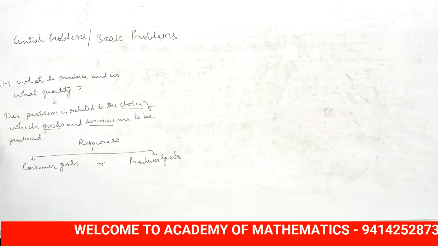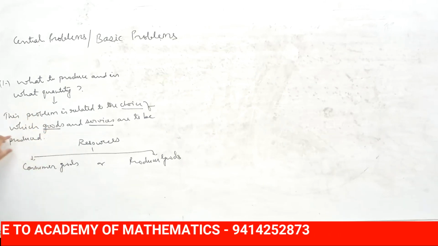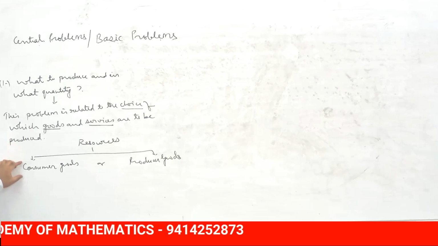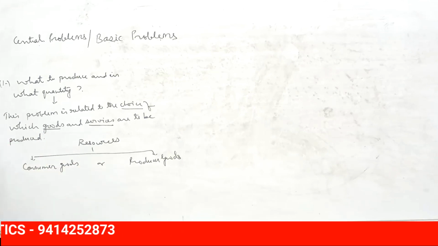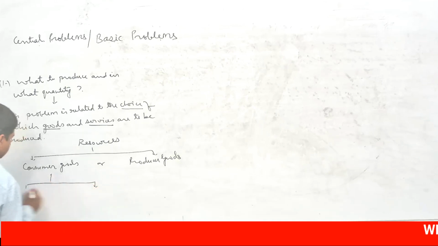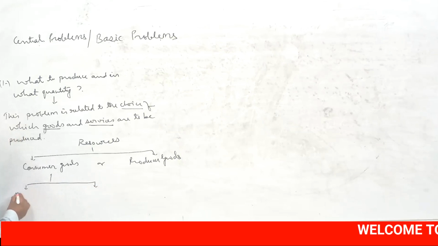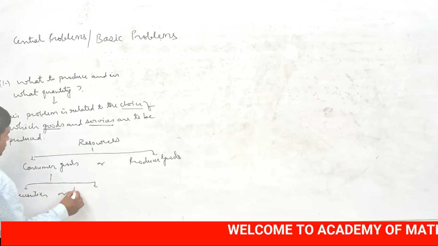So what to produce is the problem related to the choice of which goods and services are to be produced, that is whether consumer goods or producer goods. Suppose the economy decides for the production of consumer goods, it again has the option of necessities or luxuries.